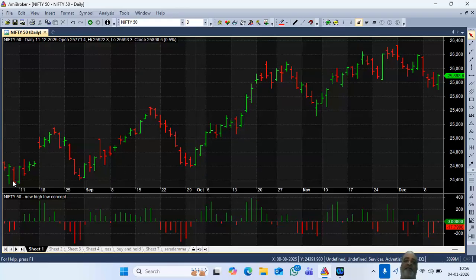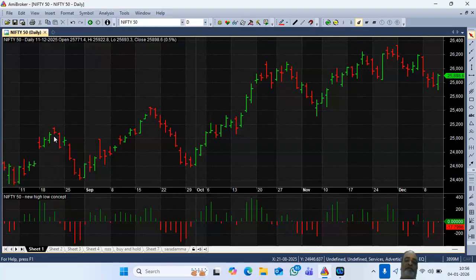As you can see here, till this area the price has come down, and here we have a gap, and after that the price went up to here. I request you to note this bar very clearly.